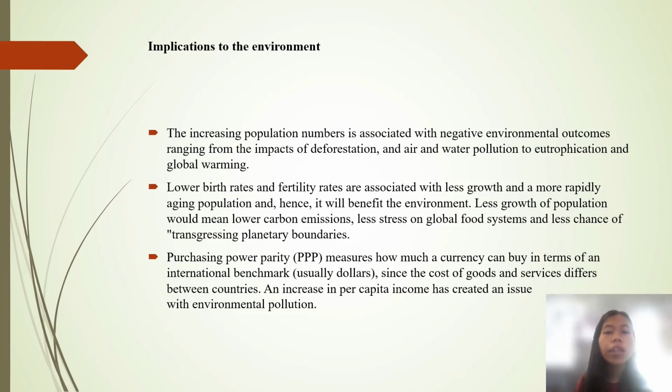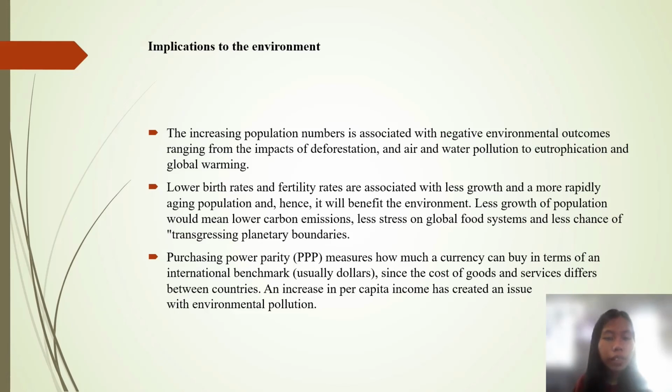And so, what are the implications of these variables to the environment? The increasing population numbers is associated with negative environmental outcomes ranging from the impacts of deforestation and air and water pollution to eutrophication and global warming.